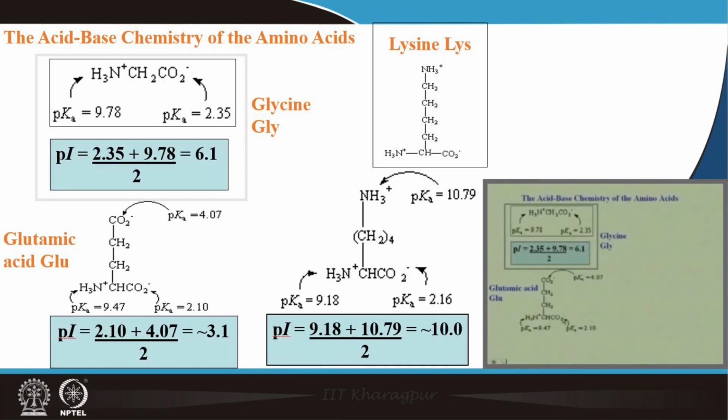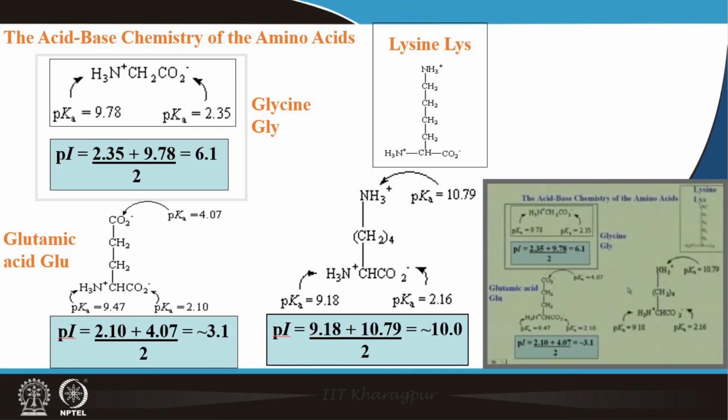When I lose this proton, then what is the charge? It has a plus charge here and a minus charge here. This is still protonated. Okay? So now I am at the zwitterionic form. So how do I calculate my pI? It is going to be the sum of 2.1 and 4.07 divided by 2.